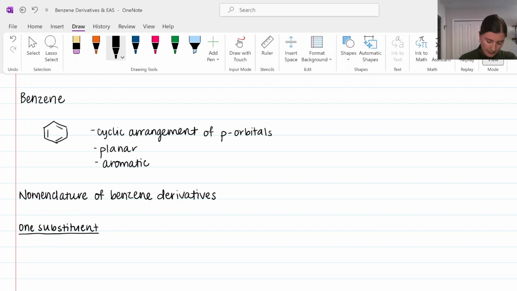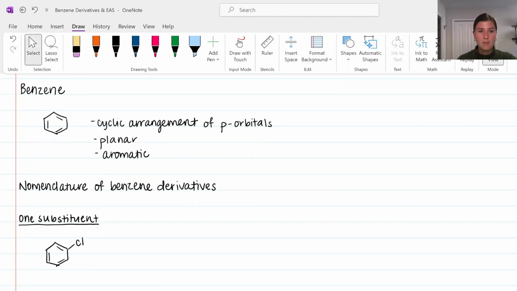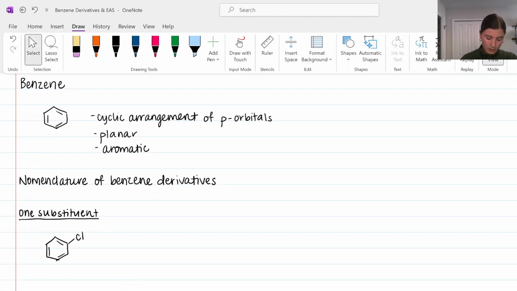I'll draw out a couple of examples. Let's say we have our benzene ring and just one chlorine atom. This molecule would be named chlorobenzene.